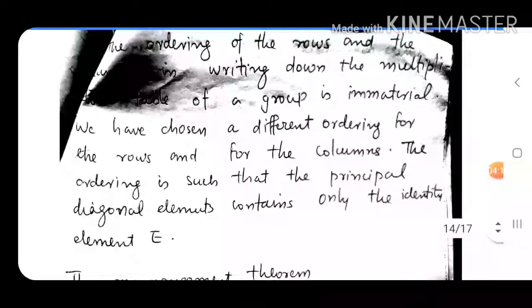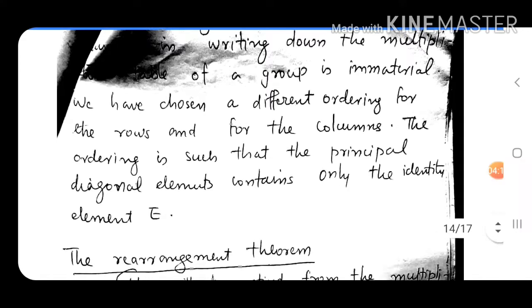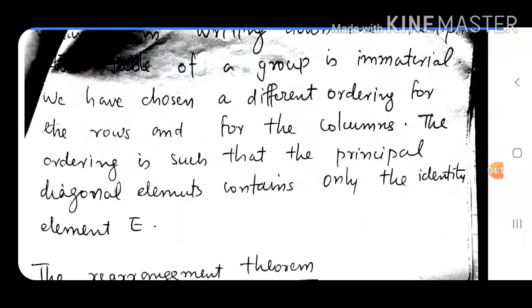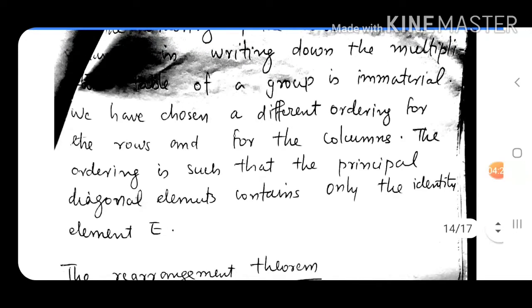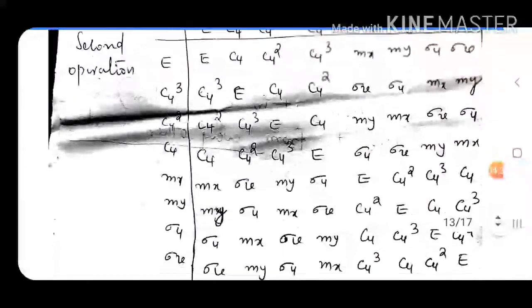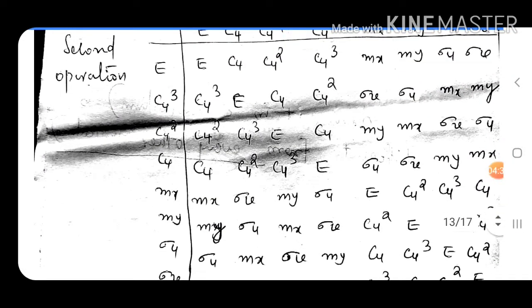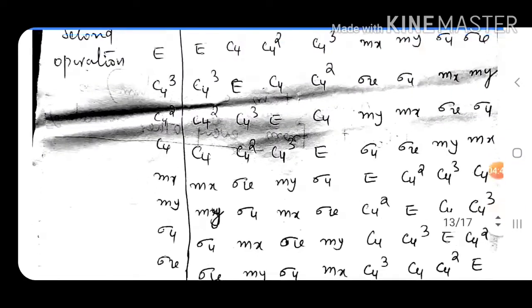The ordering is done in such a way that the principal diagonal elements contain only the identity element. So when we look at this, we can see identity elements on the diagonal, everywhere on the diagonal.